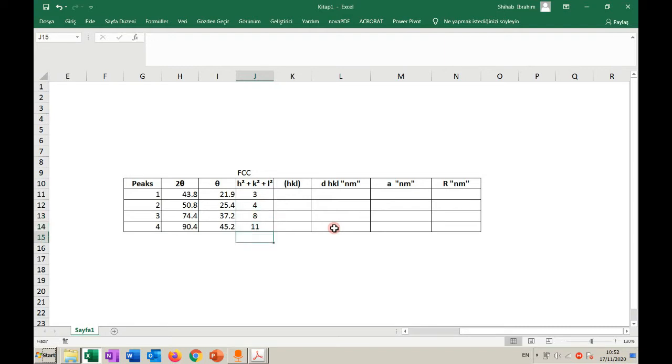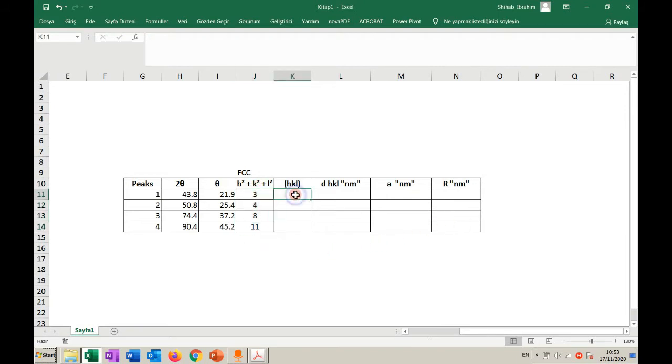If you don't remember those numbers, check the previous video where I explained the sum of the square of Miller indices. We had the pattern for simple cubic, for BCC, for FCC. Since the crystal structure is given, I know those numbers. This is what's going to help us find the rest of the solution.